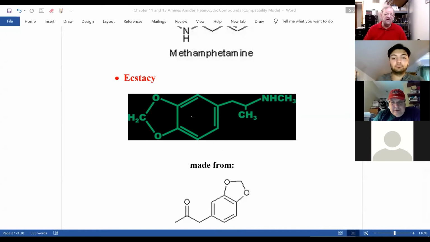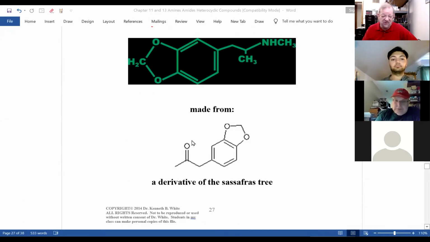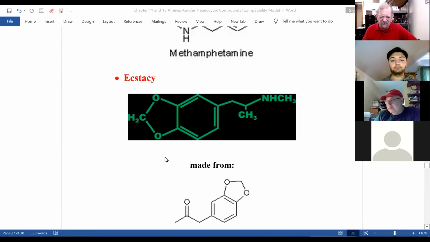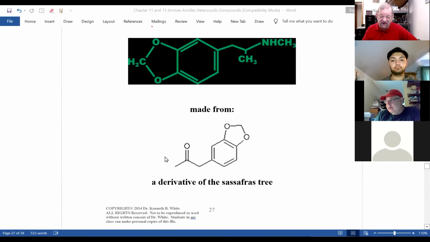How that does what it does in rave clubs, I've never been to a rave club, but from what I've seen on the news years ago, this was quite popular there, keeping people up and also high. And you can make it from this compound, which is made from a derivative of the sassafras tree. Our government keeps eyes on people who buy that because they know what they're going to do with it, and they usually get arrested. But all these drugs, which are painkillers or used for other things, are nitrogen compounds.